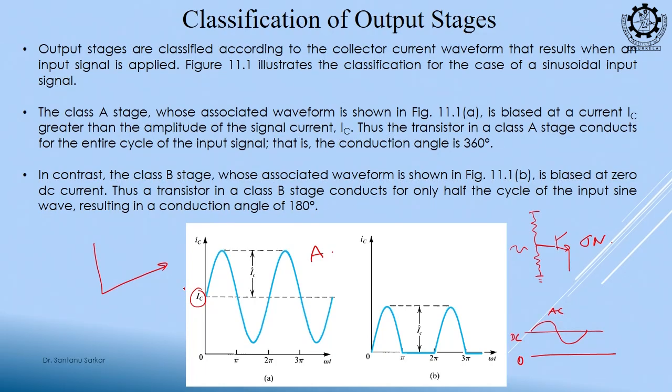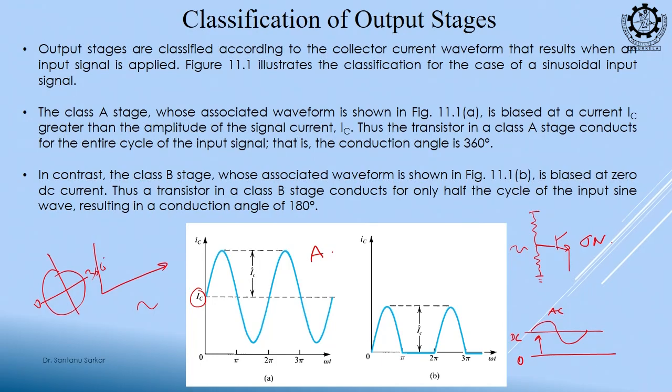Similarly, if it is having a DC base voltage, correspondingly it will have a DC collector current. On top of that DC collector current, it will be having an AC variation based on the signal variation, right. So, this is the definition or classification of class A, that the transistor is on for the full cycle, from 0 degree to 360 degree.